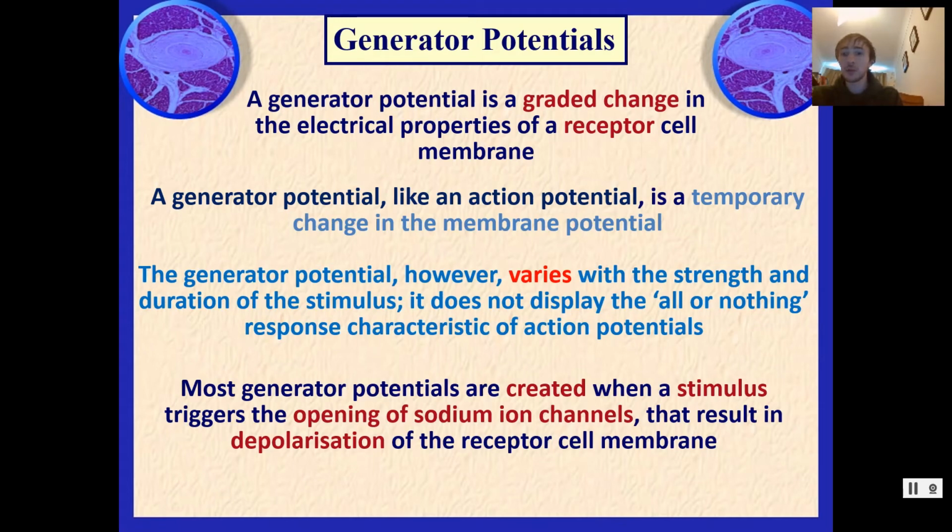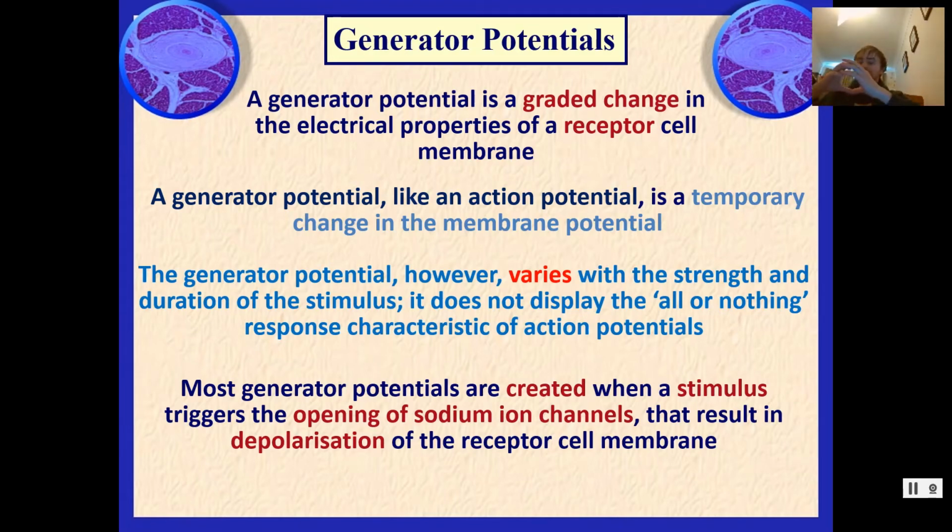Now, broadly, we're going to use generator potentials for pretty much every receptor. So with Pacinian corpuscle, it's all about crushing that stretch-mediated sodium ion channel, allowing sodium ions in, and the more you press it, the more sodium ions get in. When we're talking about the stretch receptors in the aorta and the carotid arteries, that is exactly the same thing.